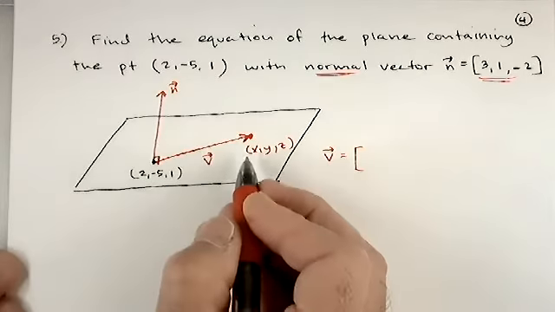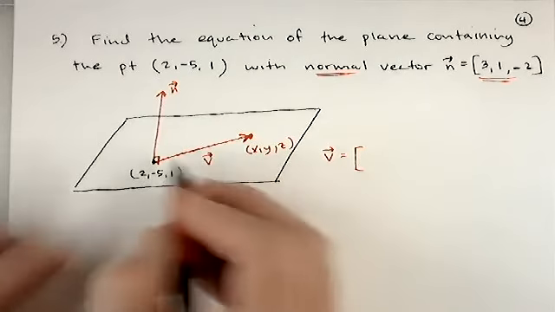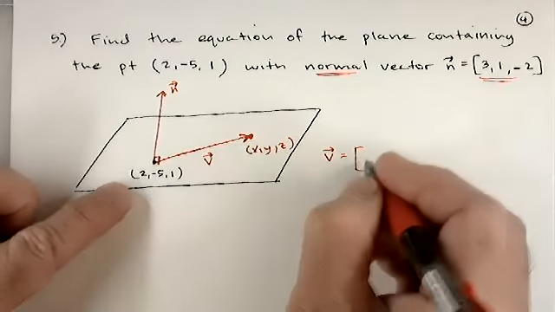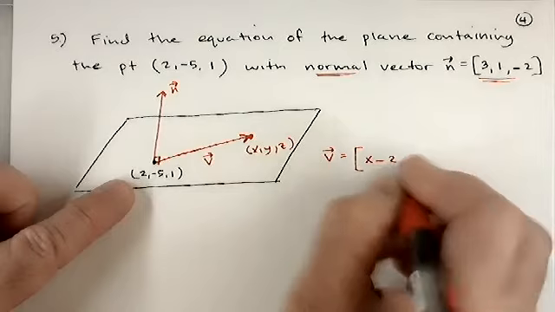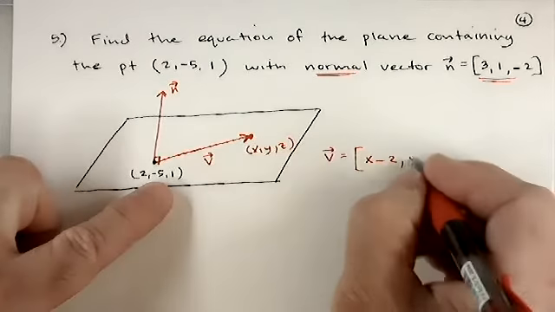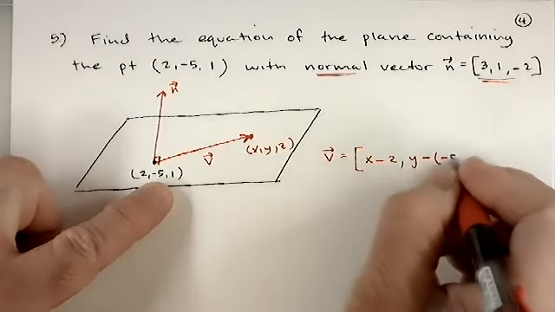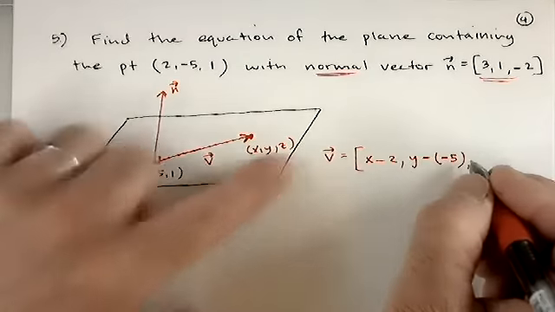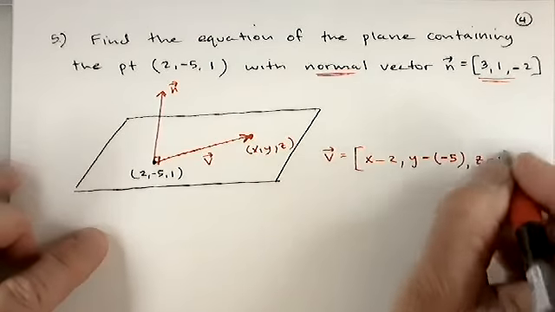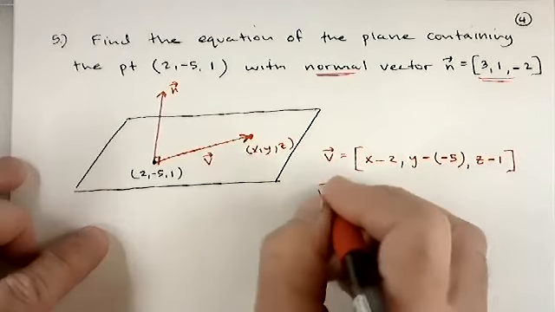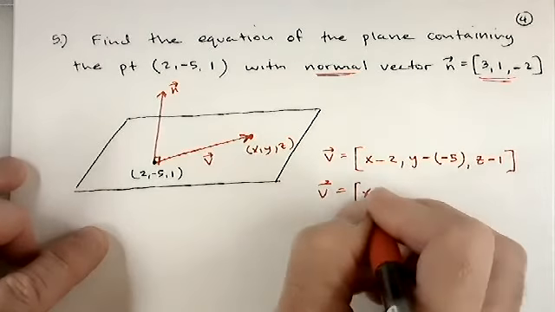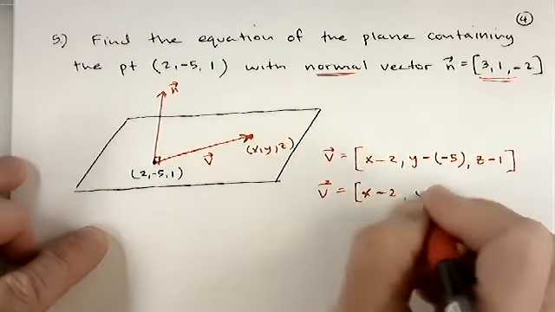This is where I do the final minus initial. If I start here and wind up here, it's going to be x minus 2, y minus -5, and then z minus 1. So that'll be x minus 2, y plus 5, z minus 1.